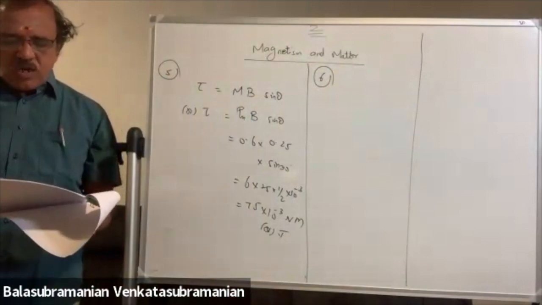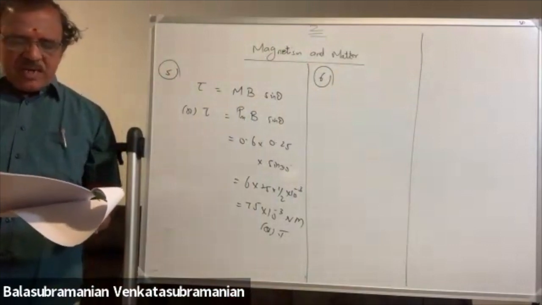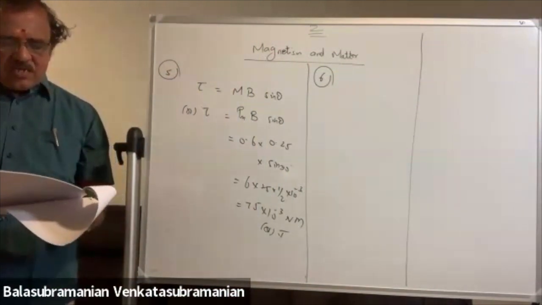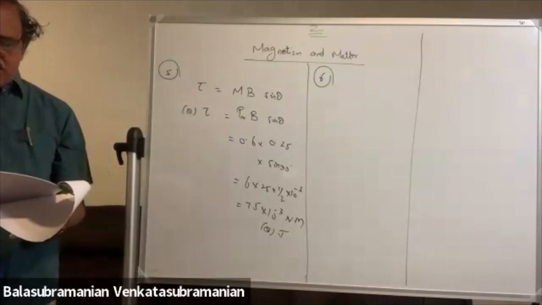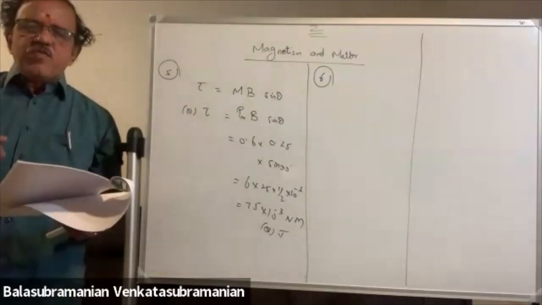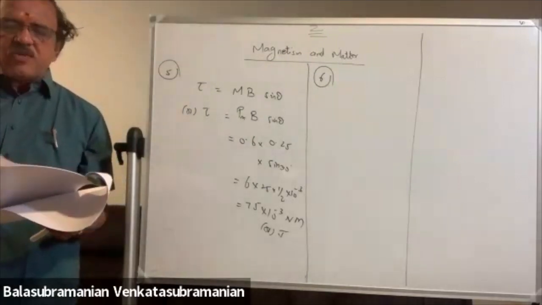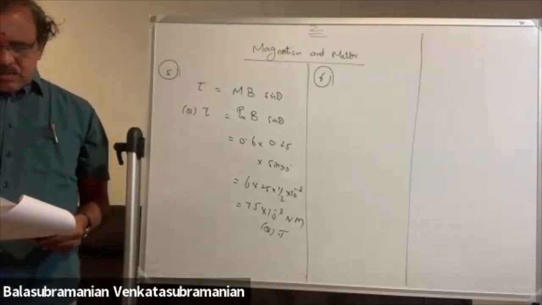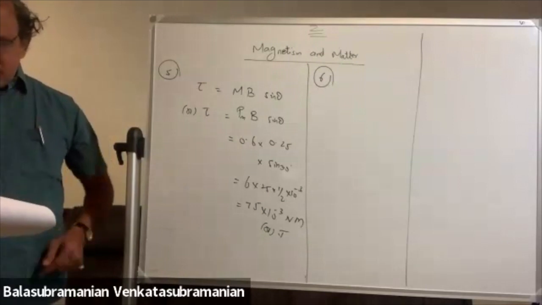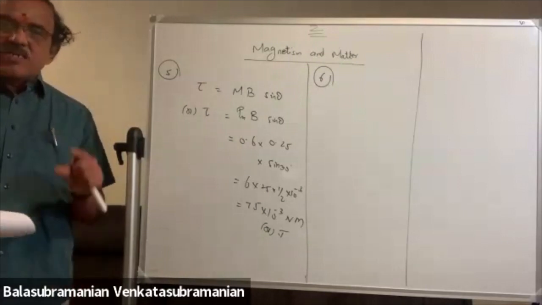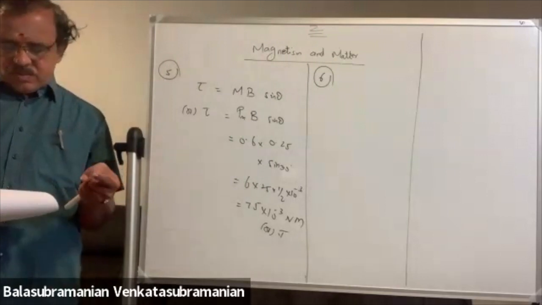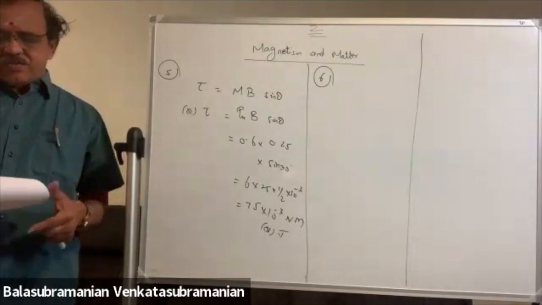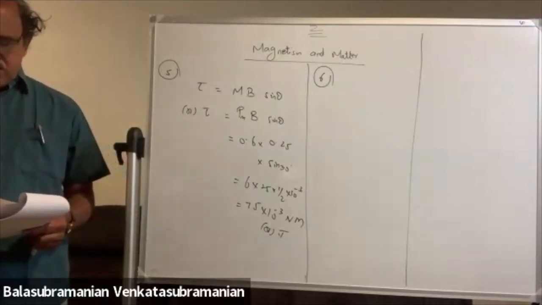What is the amount of work required by an external torque to turn the magnet so as to align its magnetic moment normal to the field, opposite to the field direction? What are the data?